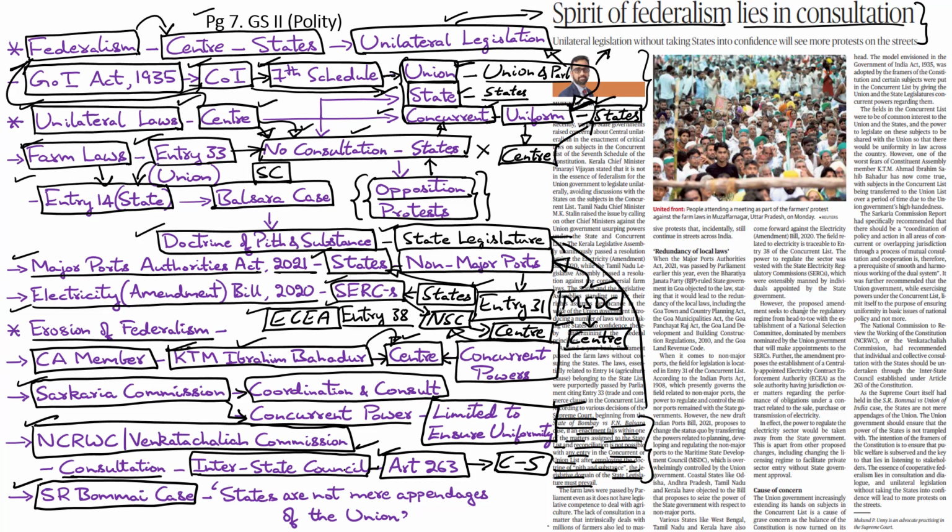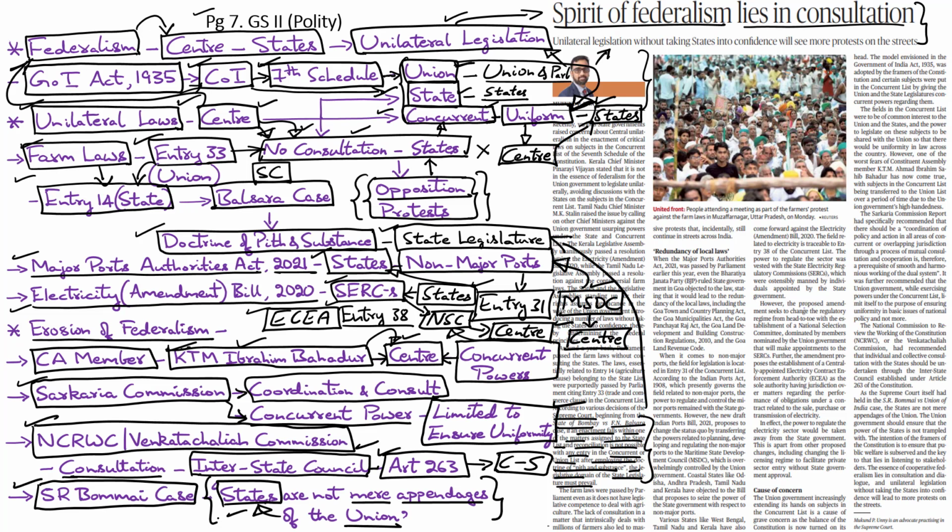had observed that states are not just mere appendages or extensions of the Union. The Supreme Court had stated that the states have their own jurisdiction and the Union simply cannot trample over this jurisdiction of the states.